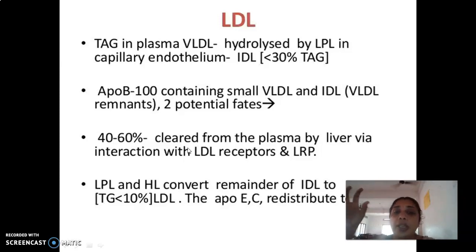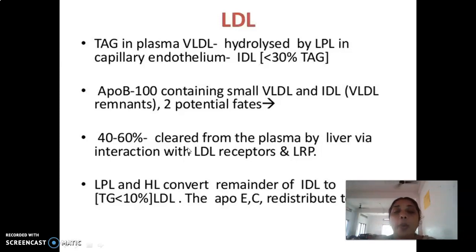So the apoprotein, that is ApoB100, goes and binds onto the specific receptors present on the target tissues or the peripheral tissues, and the LDL molecule will be endocytosed. They will be taken into the cell, right? So that is how the metabolism is taking place. The LDL molecule will be taken up by the peripheral tissues with the help of receptor mediated endocytosis.